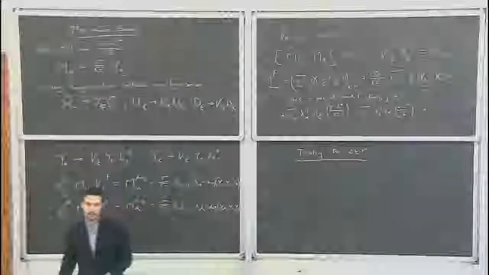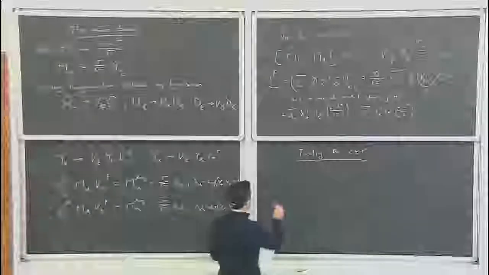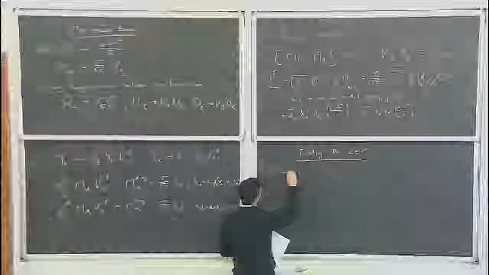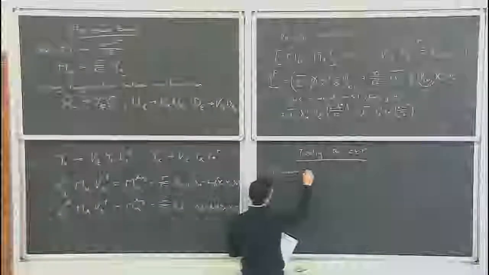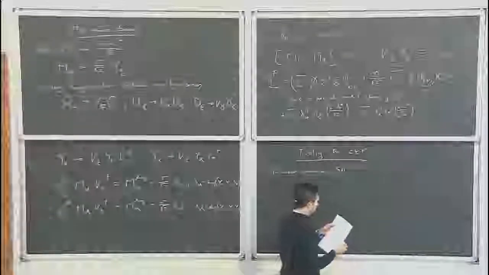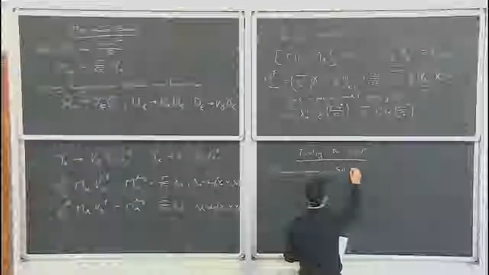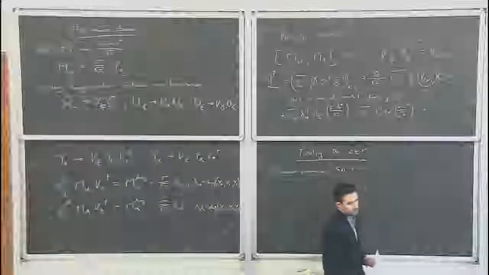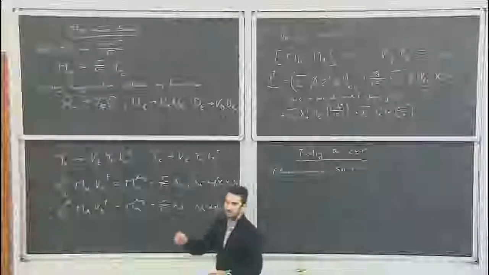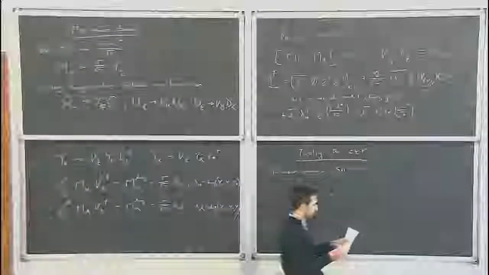The CKM matrix is the only source of flavour in the Standard Model. When we talk about flavour conversion in the Standard Model, it has three particular features which may not persist once we go beyond the Standard Model, and this is typically a problem for models beyond the Standard Model.